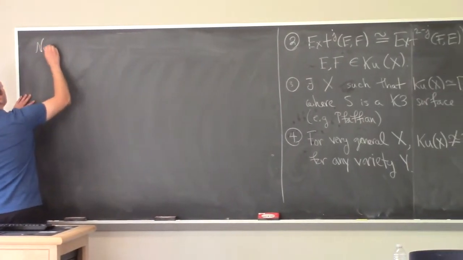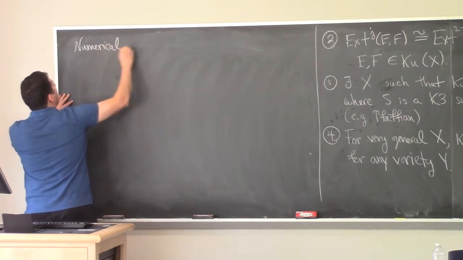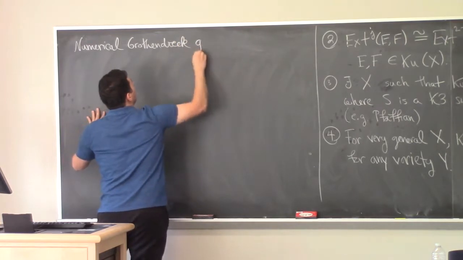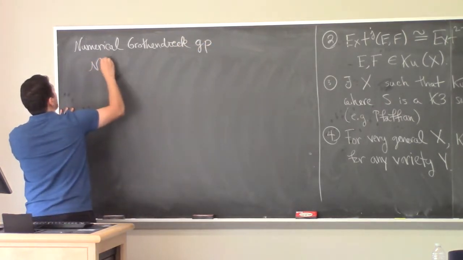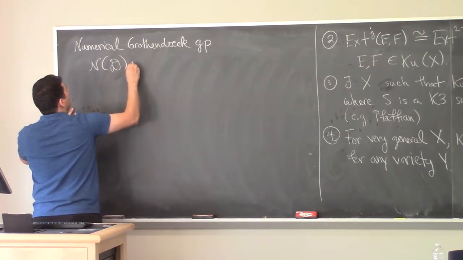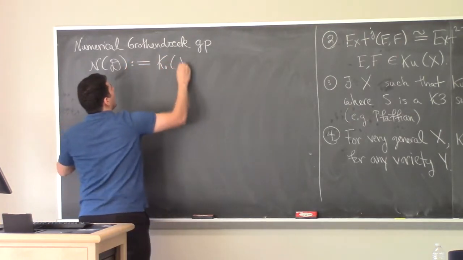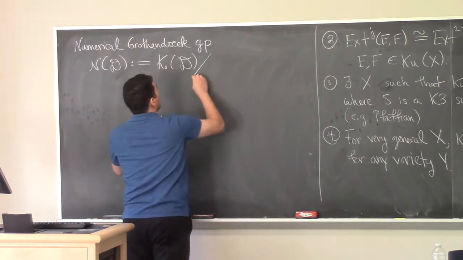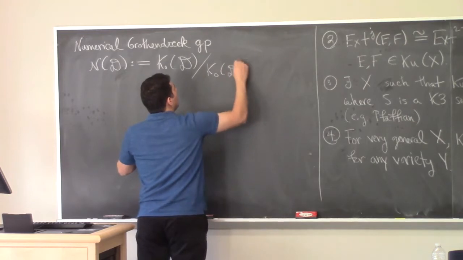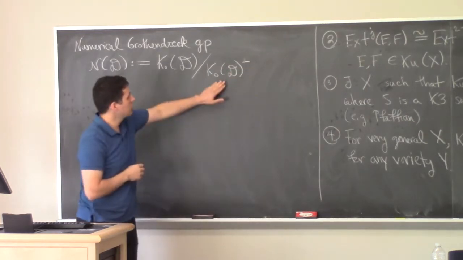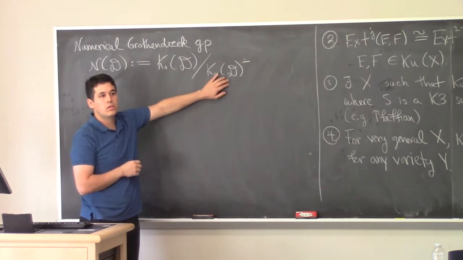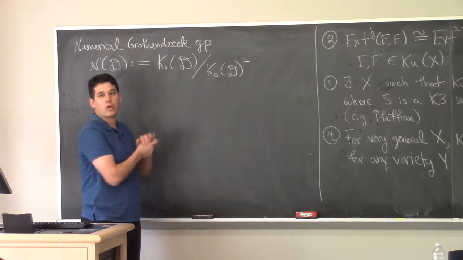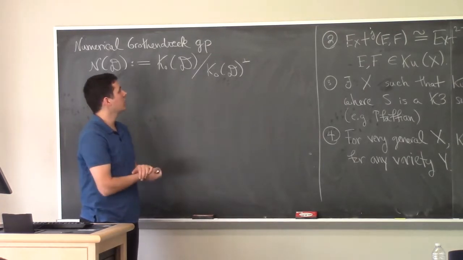The numerical Grothendieck group, which I'll denote by N(D), is by definition the usual Grothendieck group modded out by the kernel of the bilinear form we just defined. One way to write that is modded out by the orthogonal to the elements that came out of D. Makes sense? So I just quotient by the subgroup of all elements whose pairing with every other element is 0. So, numerically trivial.